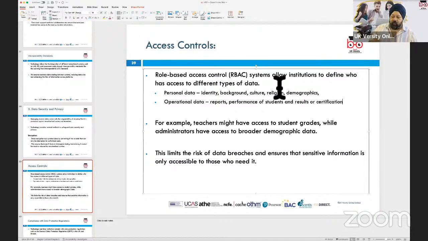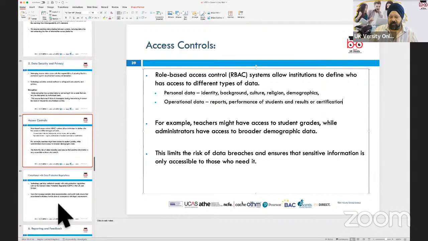This data would be accessible by teachers, by students, and by anybody sending a request for confirmation of whether the student has studied in this particular school or college, when they started, and when they completed that qualification. That is something which may be accessible by employers or somebody seeking verification. But when they request confirmation of this certification, they need to provide what is called a GDPR form. Access to student grades would be part of that operational data.